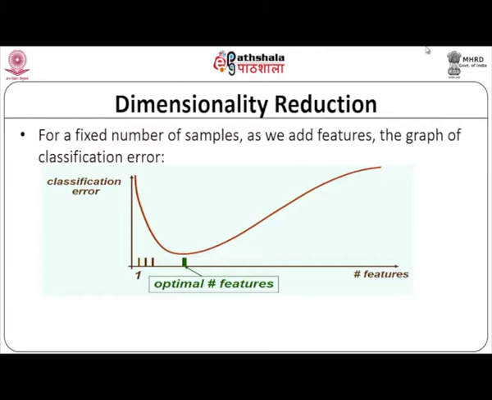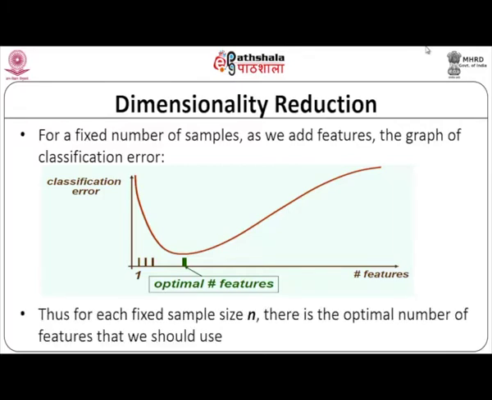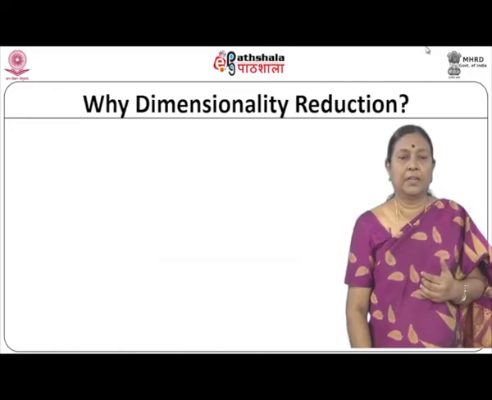After that it starts increasing. So, there is an optimal number of features for a certain set of data when you want to do classification. Therefore, there is no point in unnecessarily increasing the dimension. Thus, for a fixed sample size n, there is an optimal number of features that we should use. There is a way to find this out. We need not go beyond that optimal number of features.